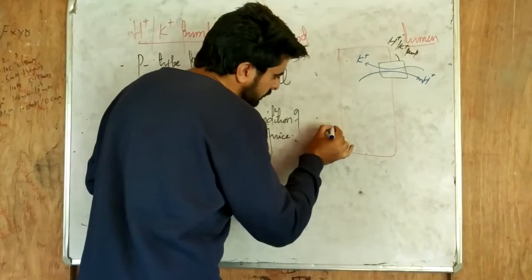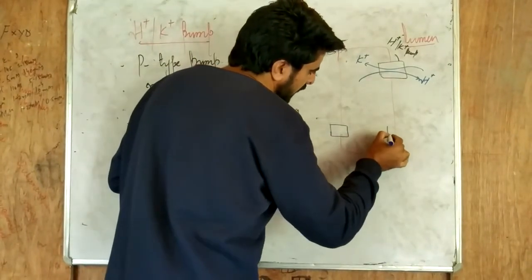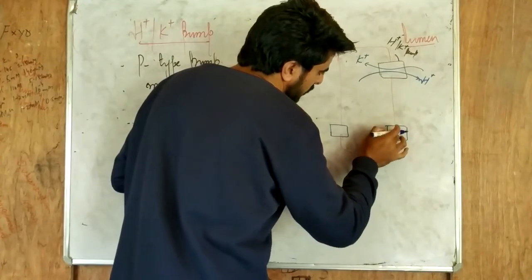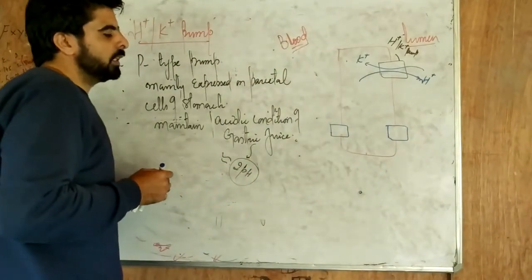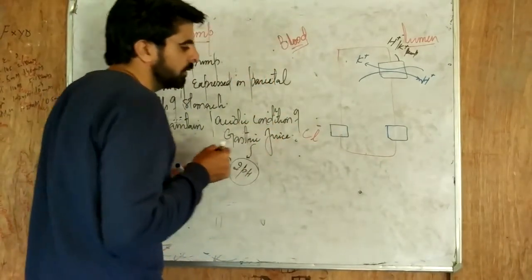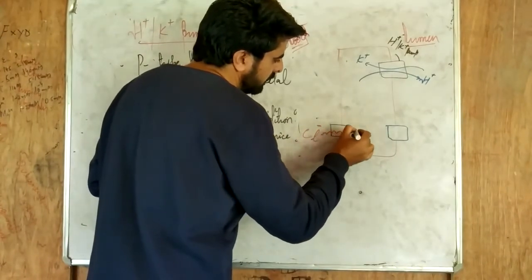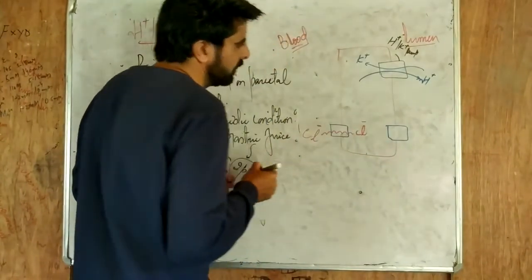Now two transporters are also present here, which are mainly responsible for the transport of chloride. Now chloride is actually rich in the blood. This is the chloride here, which is on the blood side. Now this chloride is taken by this transporter. It first reaches the intracellular space.